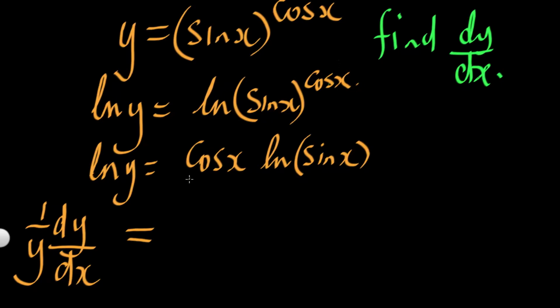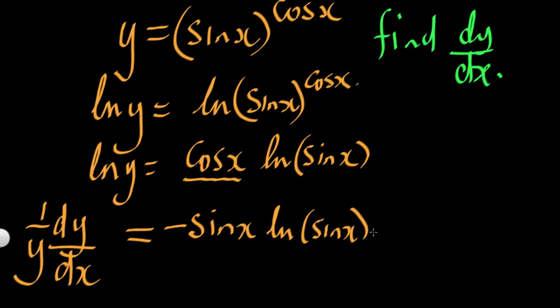So I am going to differentiate cos x first. I keep this side the way it is. If you differentiate cosine of x, we get minus sine x. So minus sine x times ln sine x, plus, now I will differentiate this other part here.